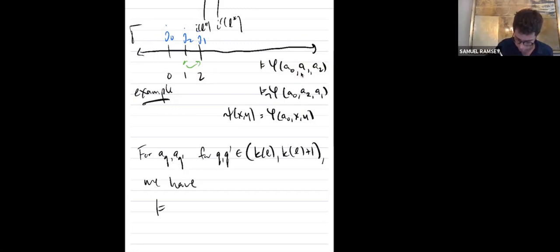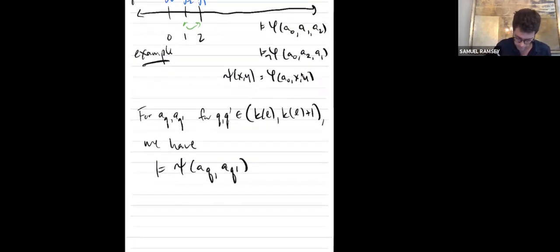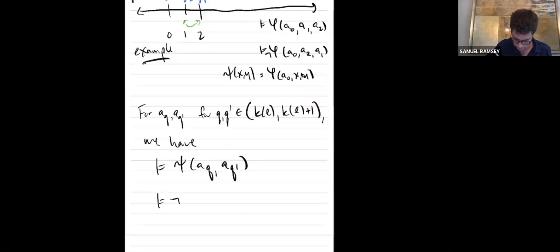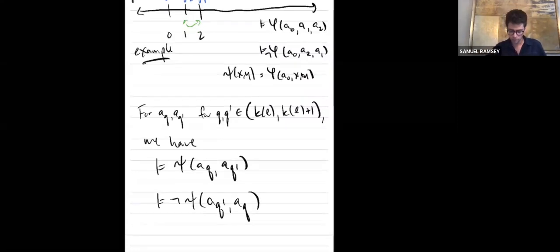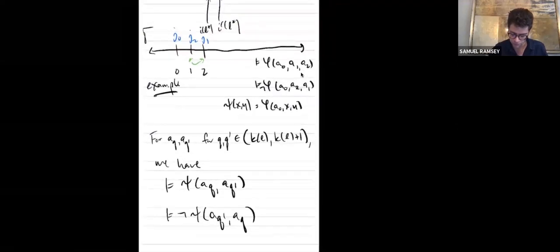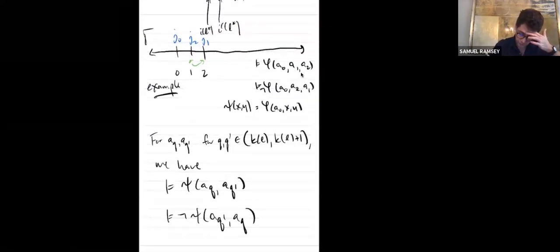So we have psi of AQ prime, and here we have not psi AQ prime AQ. And if this isn't clear, let's think back to our example. If we look at these two things, we know that when they're in the right order, then you have something which is true.